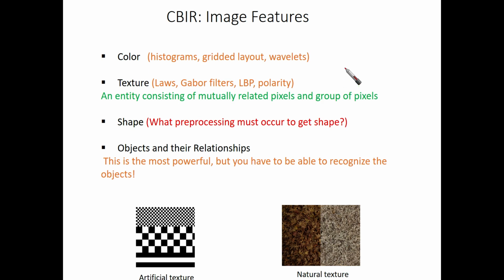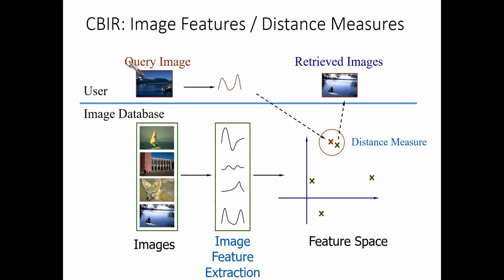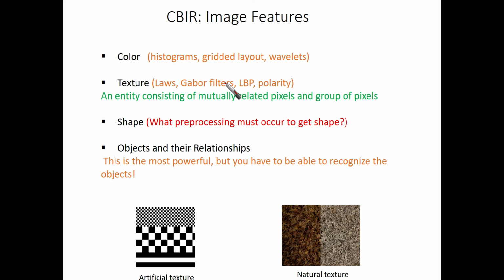So what are the other image features we can think of? Image features might be color. I mean, the image features we are talking about are these kinds of features or vectors. So what are those? Color itself, as you can imagine, the histogram of an image might be a feature, and a histogram ultimately is basically a vector of some numbers. And then the texture of the image.